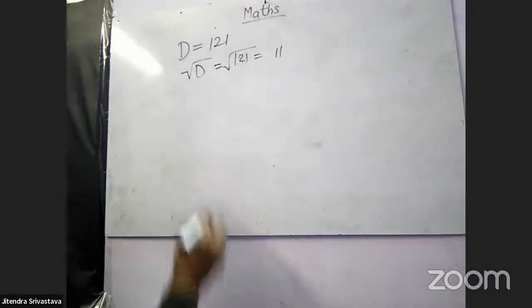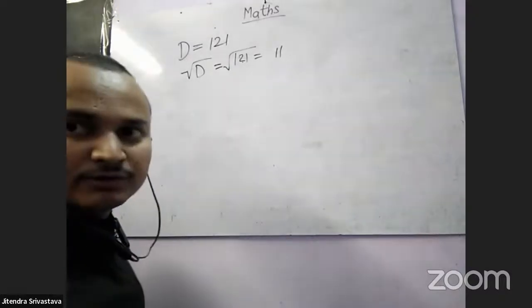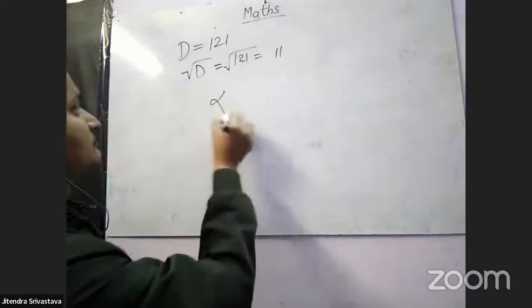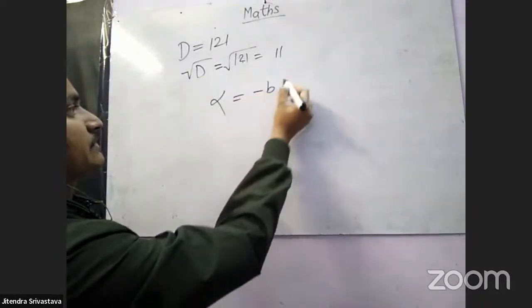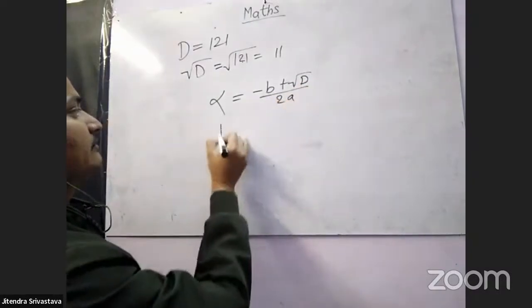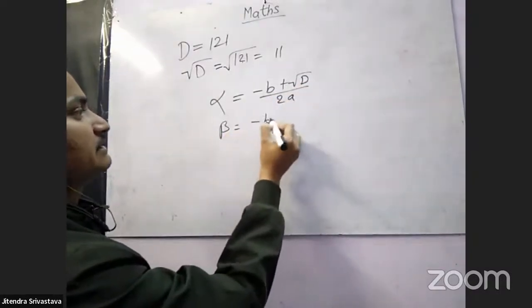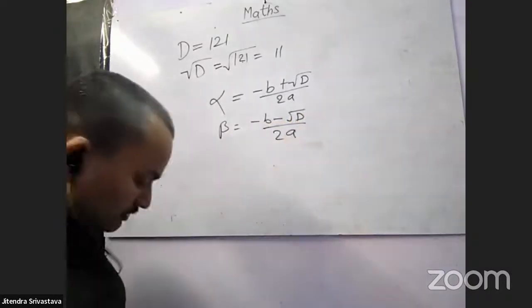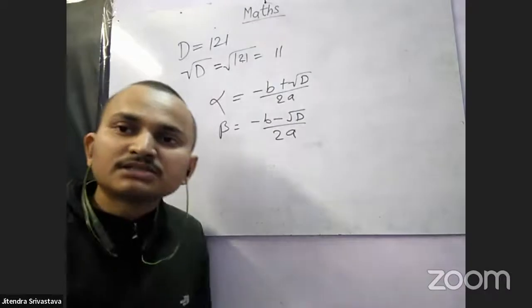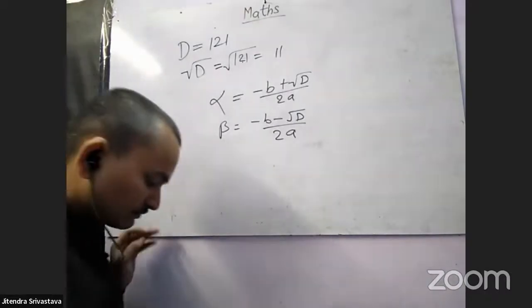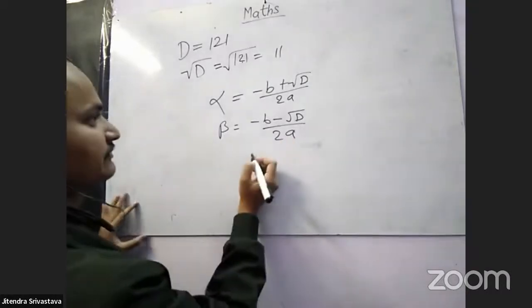Now what we will do is put it in the formula: alpha equals minus b plus under root d upon 2a, and beta equals minus b minus under root d upon 2a. By using these formulas, we will find the roots. Let's see what we get.